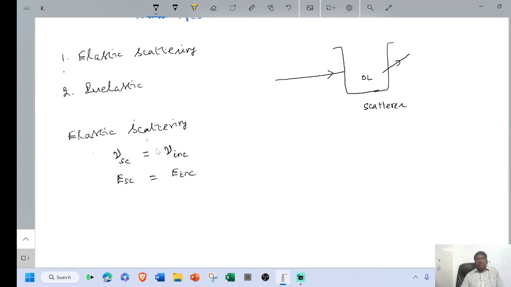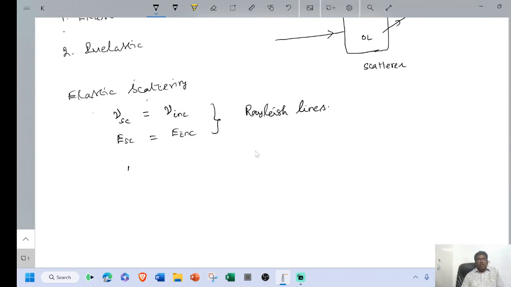During this process, only the path of the incident radiation is changed by the molecules of the organic liquid, but there is no change in the energy of the incident light. As a result of this, you may get Rayleigh lines, and this is called Rayleigh scattering. These are unmodified lines.